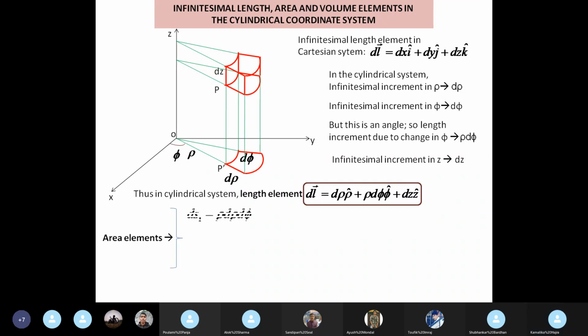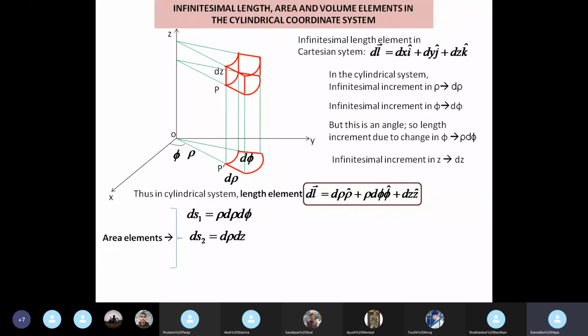So ds1, the first surface, is rho d rho into d phi, which is this surface here. If you take this red block on top, then for this top surface, this is d rho and this is rho d phi. So the product of these two line elements gives you the first area, ds1.